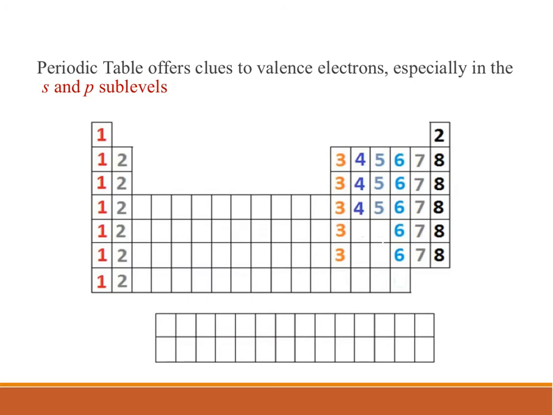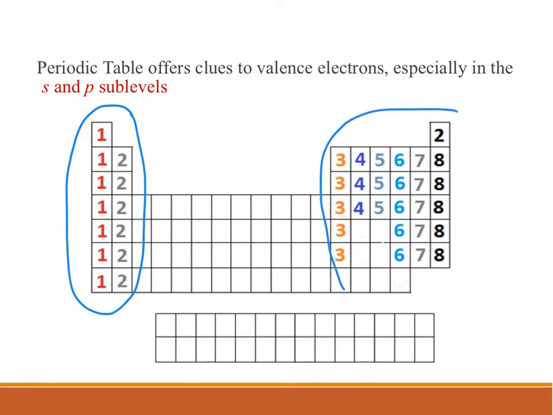The periodic table offers clues to valence electrons, especially when we're concerned with the S and P sublevels. If you remember, the first 2 columns in your periodic table are your S electron block, and then these last 6 columns are the P electron block. You can see some numbers on this illustration. This is telling you the valence electrons found in the elements that occupy those squares.